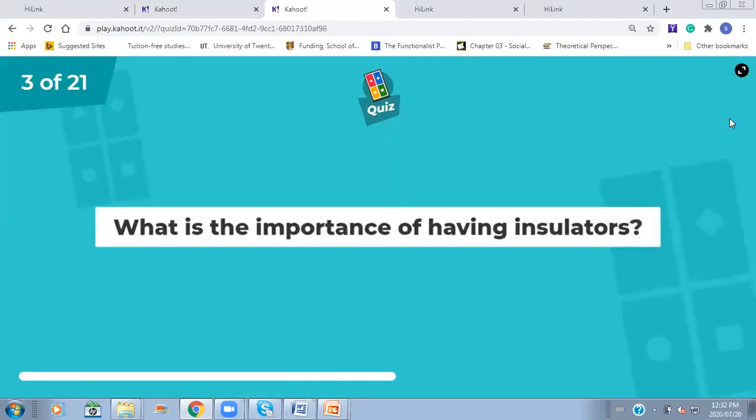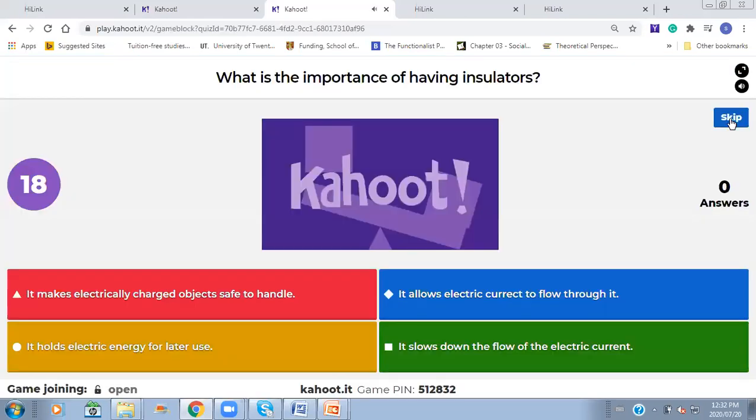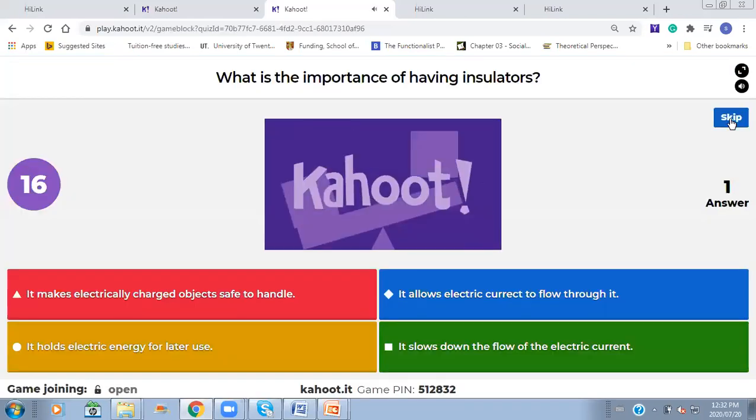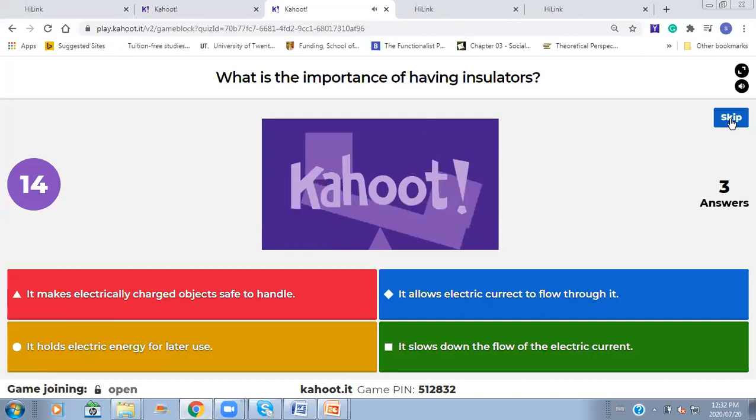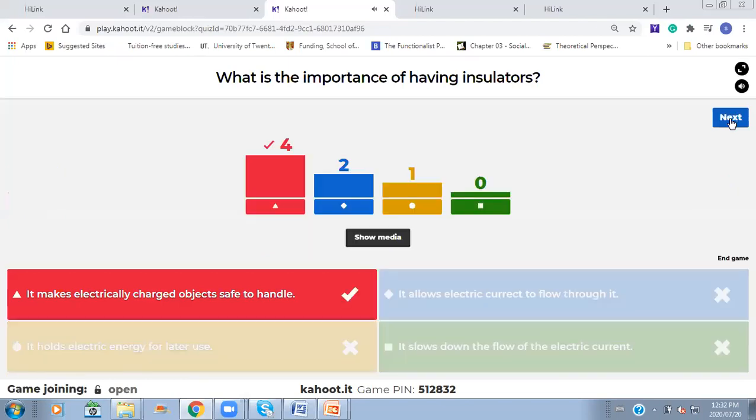What is the importance of having insulators? That's great. We have got four people answering the correct one. It makes electrically charged objects safe to handle. That's good.